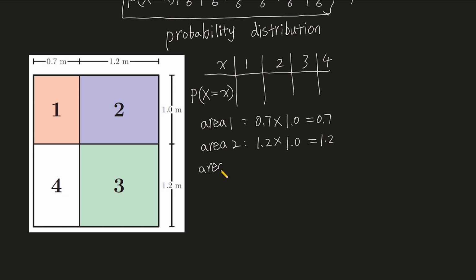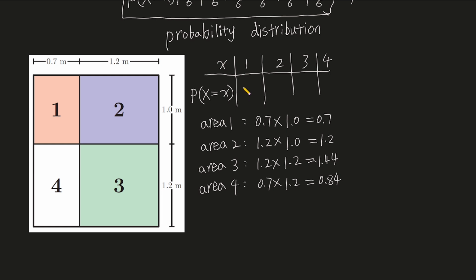Area 3 is 1.2 multiplied by 1.2 equals 1.44. Area 4 is 0.7 multiplied by 1.2 equals 0.84.